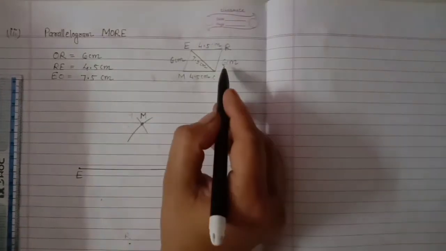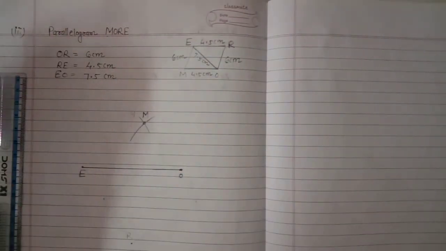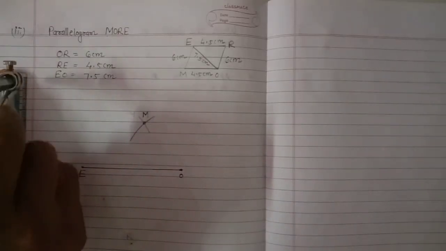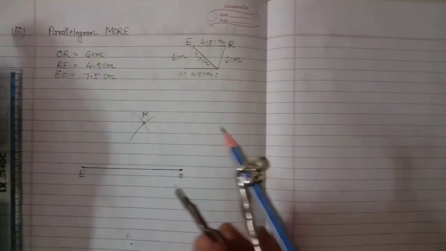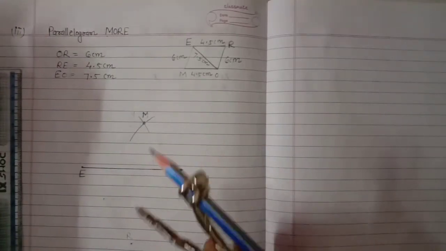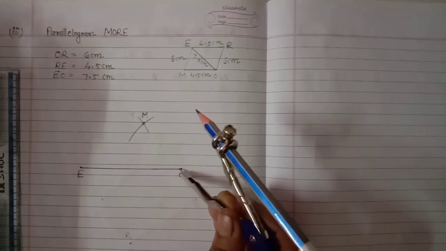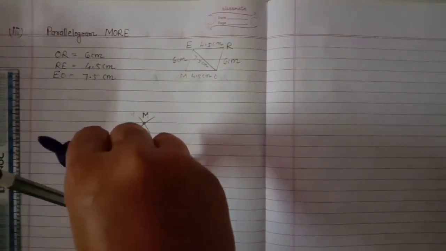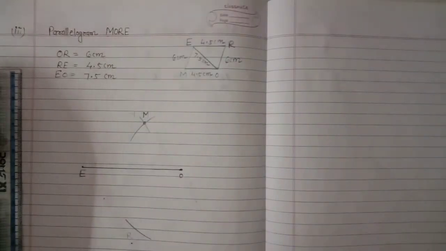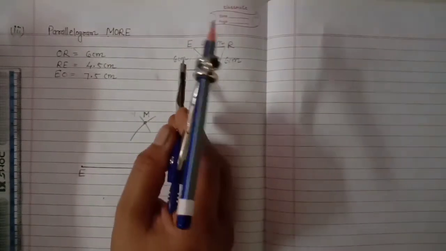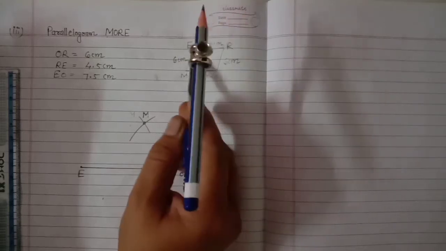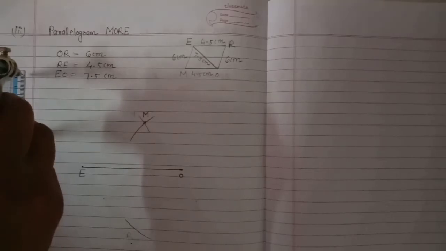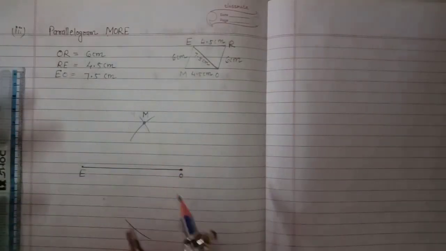Okay, next step, now we have to find R. Length of RO, what is given here? 6 centimeter. Once again we will make an arc of 6 centimeter with center O in the downward of this EO. It will come in the opposite of this M. Then ER is also 4.5 centimeter.